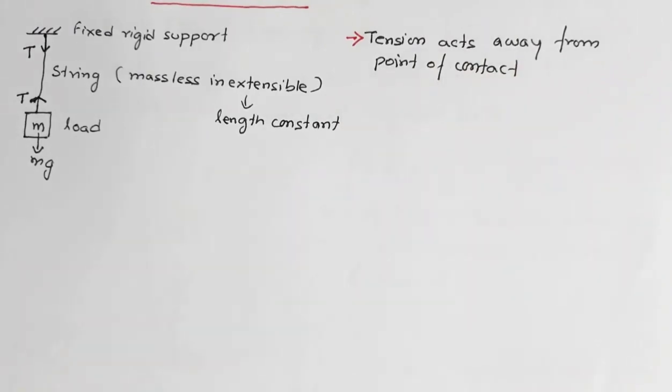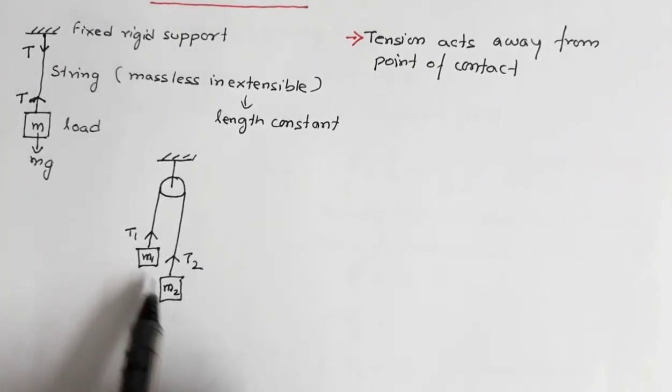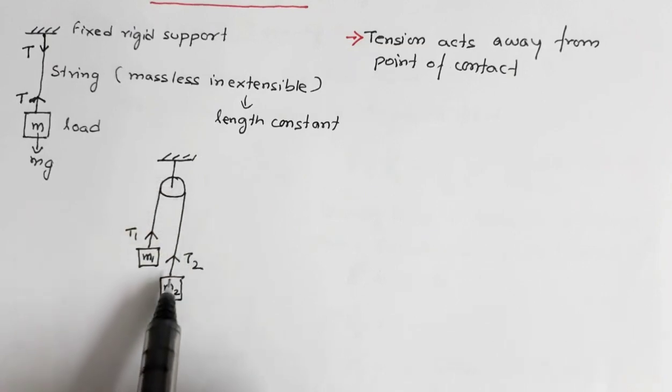Now the second thing to be observed is, suppose we have two masses connected to two ends of a string.